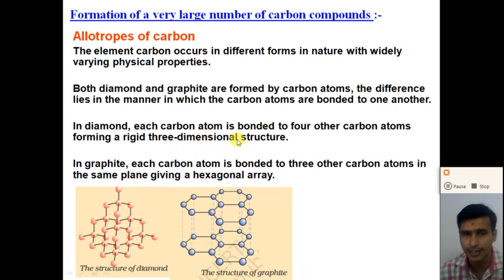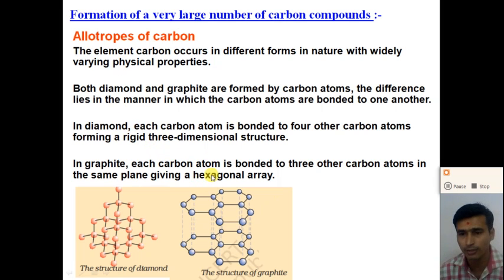In graphite, each carbon atom is bonded to three other carbon atoms in the same plane, giving a hexagonal array, right? So these are the two allotropes of carbon.